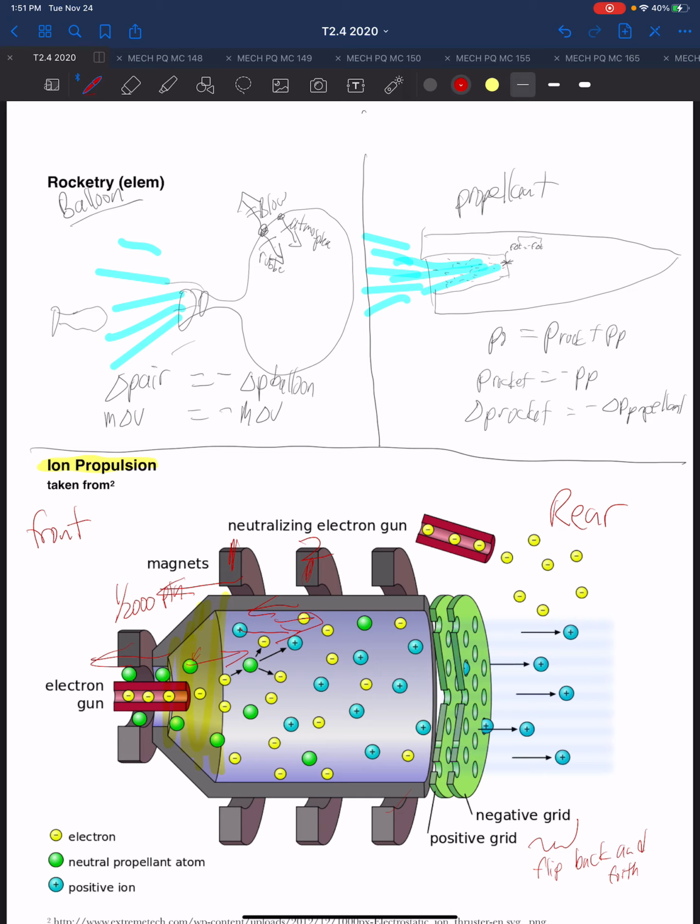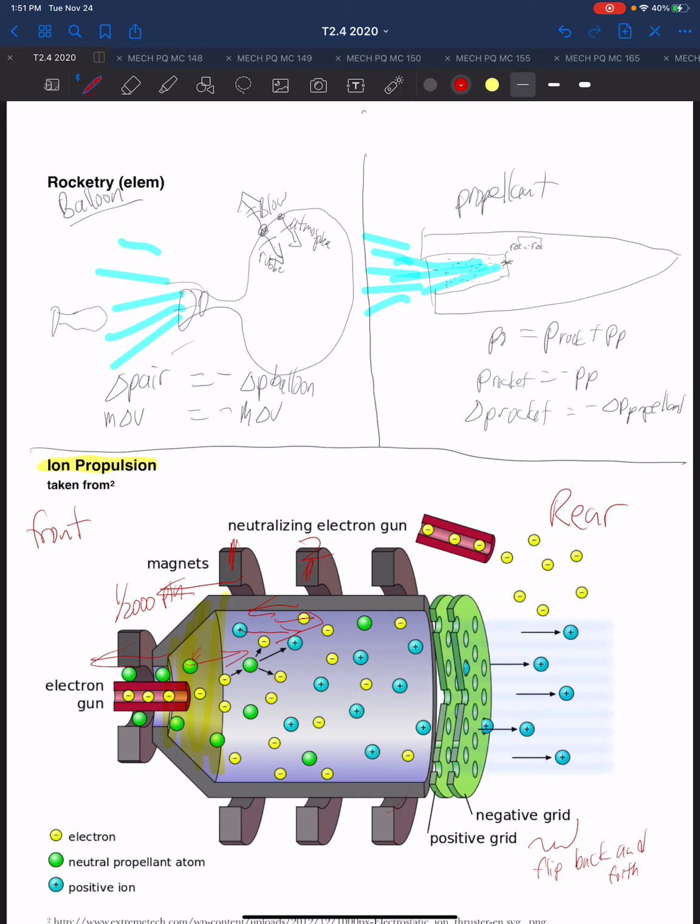And so what we have occurring at every one of these magnets and interactions between the positive ions and the magnetic fields is an acceleration of the positive ion toward the rear and thus an equal and opposite change in momentum of the rocket, the ion engine toward the left. And that happens multiple times depending on the number of magnets.